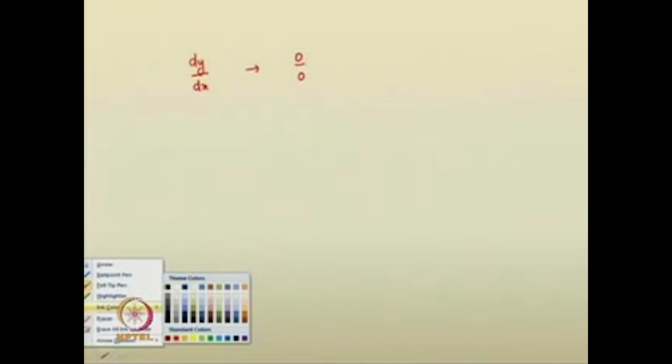Singular condition occurs when, as mentioned earlier, dy by dx tends to 0 by 0. This situation arises when your actual depth y is equal to your normal depth, and also your actual depth y is equal to your critical depth.